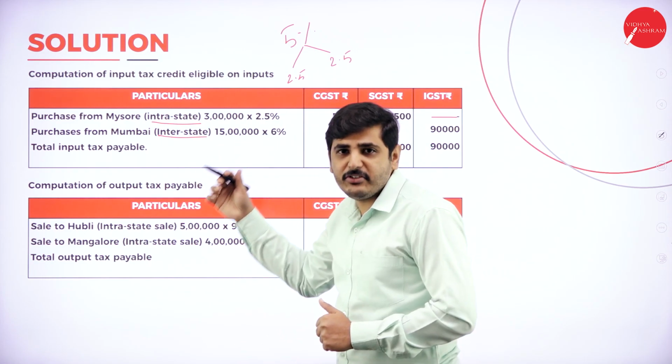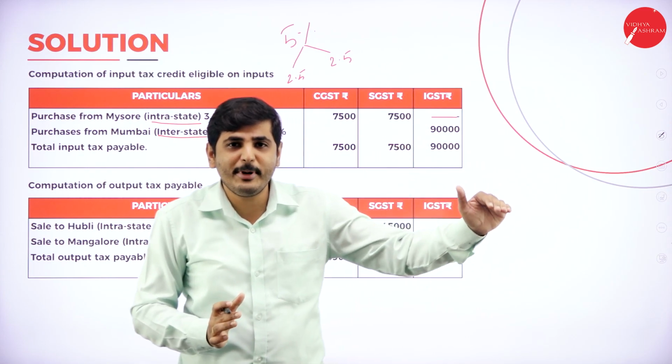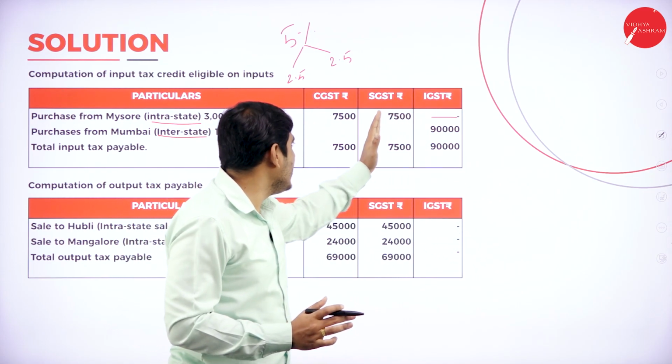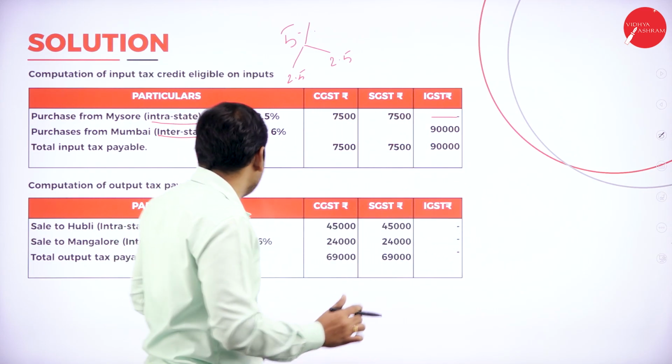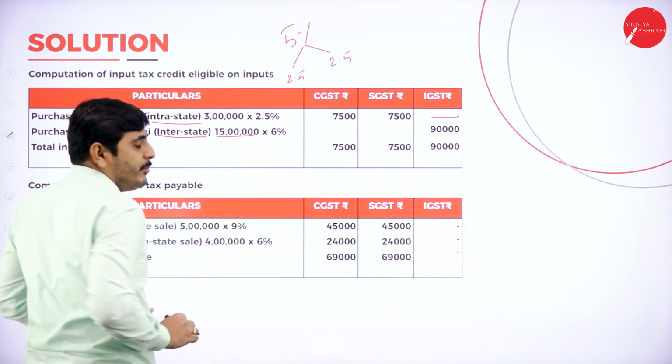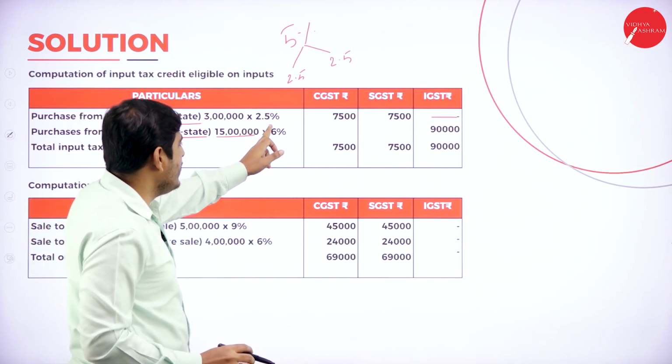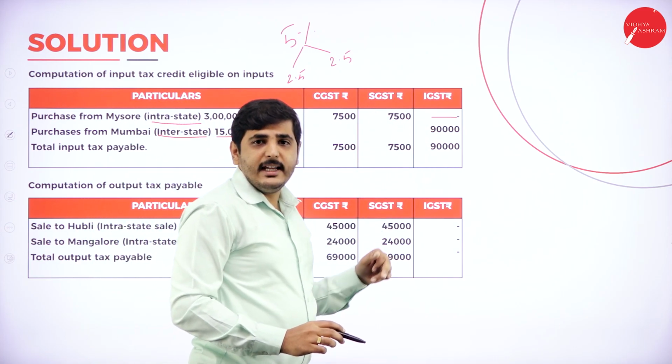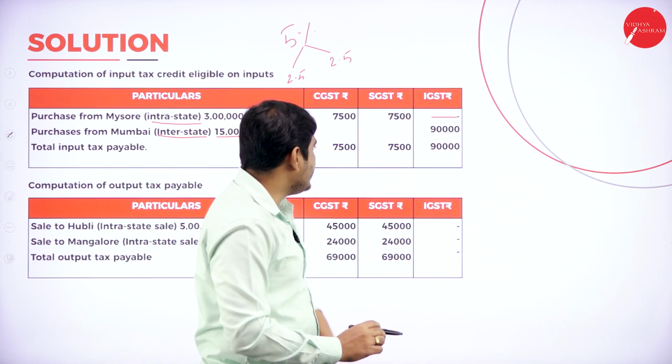Then whatever the tax is, it should be payable to the central government as IGST. It does not come under CGST and SGST. Now let's calculate our purchase. 15 lakh into 6%. The full 6% goes to IGST, integrated GST.